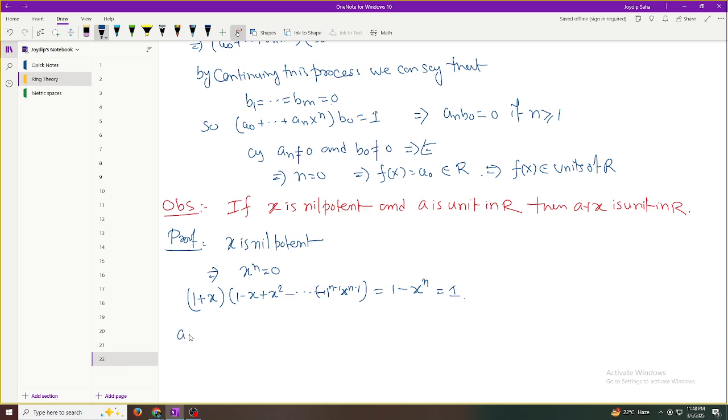Now a is a unit in R. This implies ab equals 1 for some b belongs to R. Now a plus x times b equals 1 plus bx, 1 plus x dash.